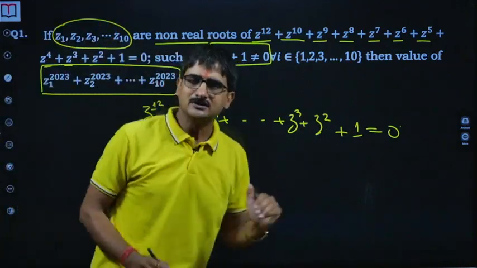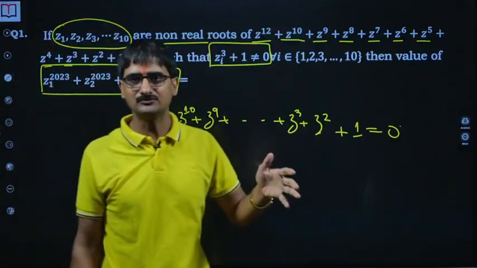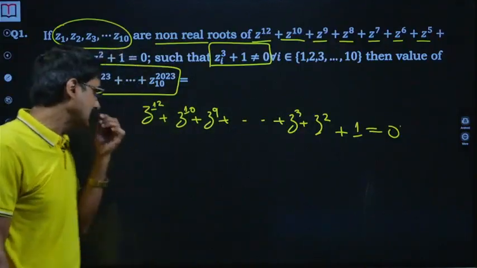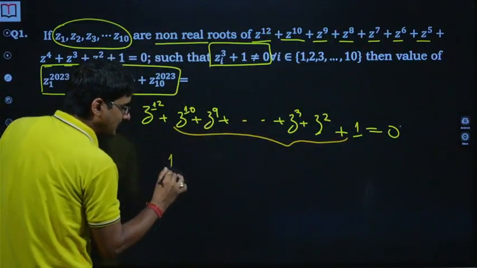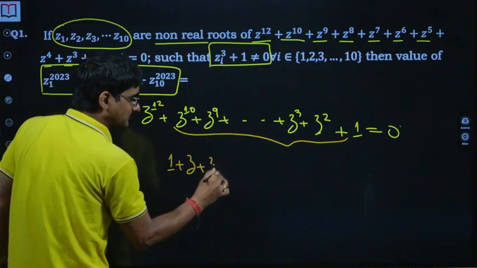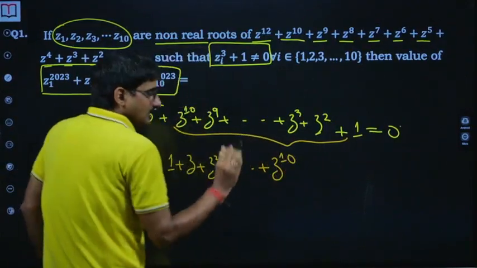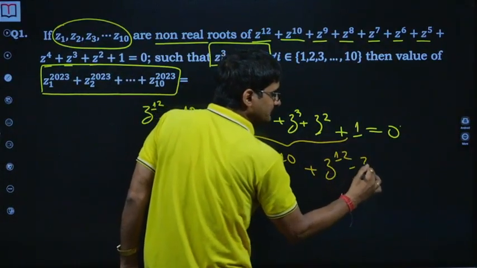Now see, the first thing: there are 10 non-real roots of the equation. What I tried first was to complete this equation till z^10. So I added z, and I will be subtracting z here.